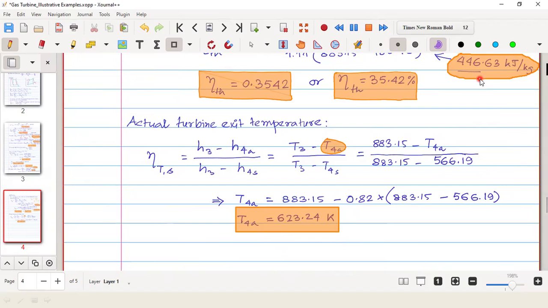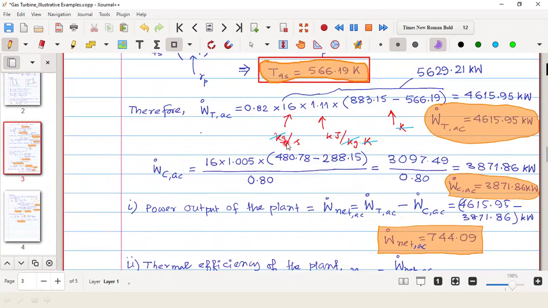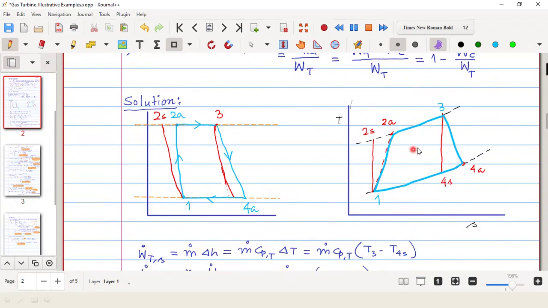Now just put the values of the temperatures there so that we can clearly understand. Let us put them. T1 is 288.15.